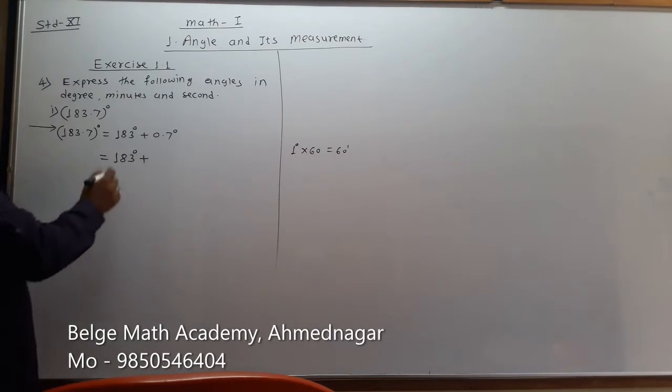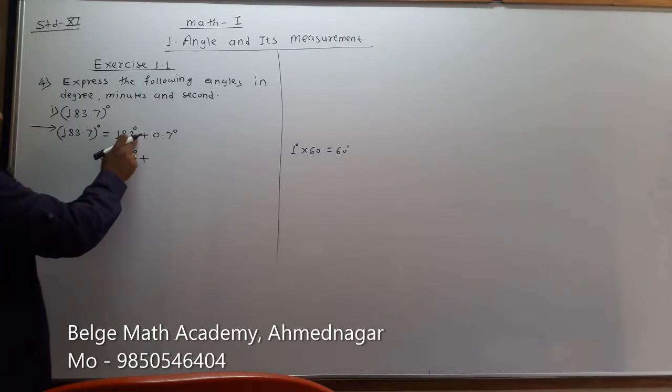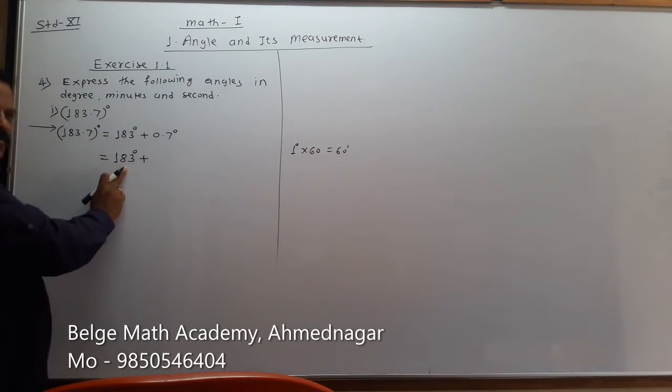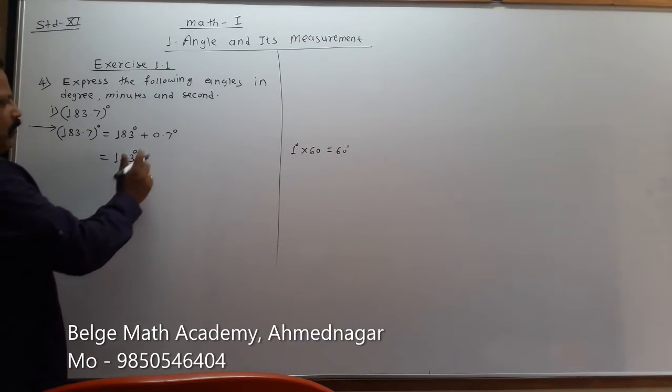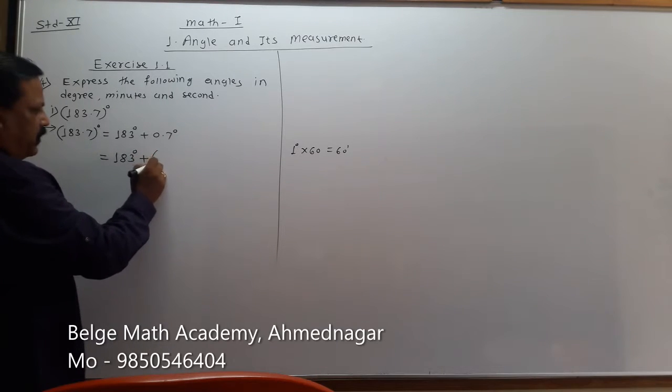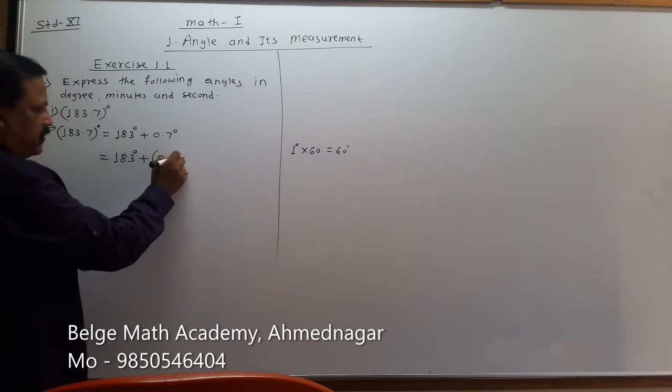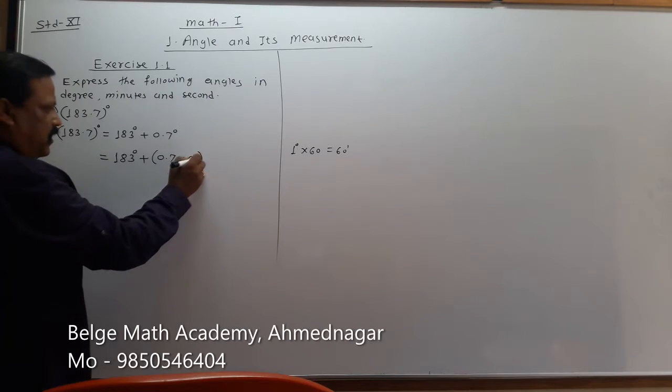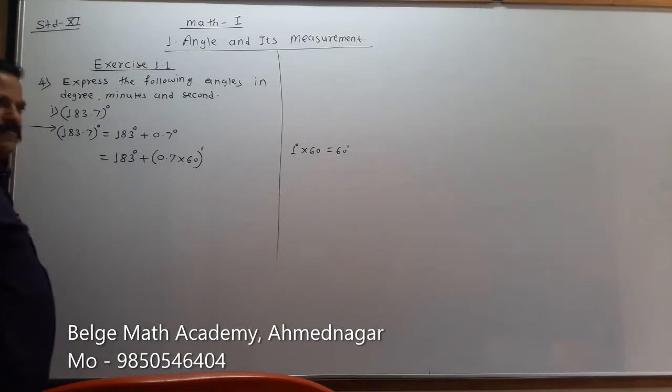So 183 is the integral part, already in degree. Now the decimal part is multiplied by 60, then it is converted into minutes.